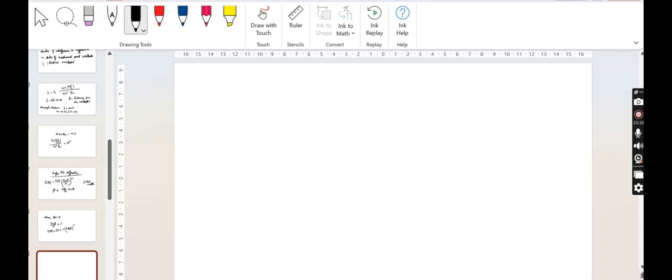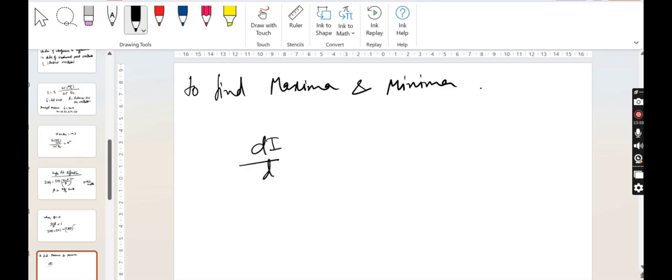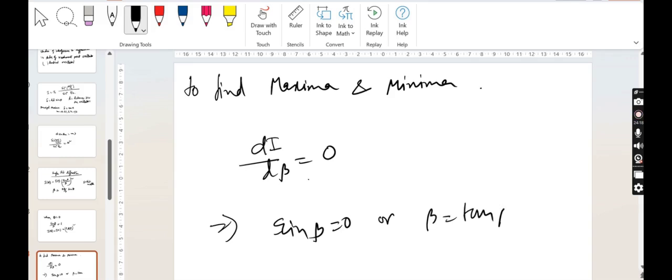To find maxima and minima, we will do dI by d alpha equal to 0. Sorry, in my notes the beta is actually alpha. And the solution is either sine beta is 0 or beta is equal to tan beta.